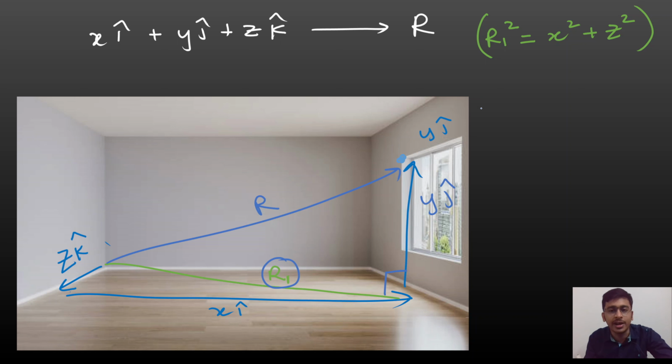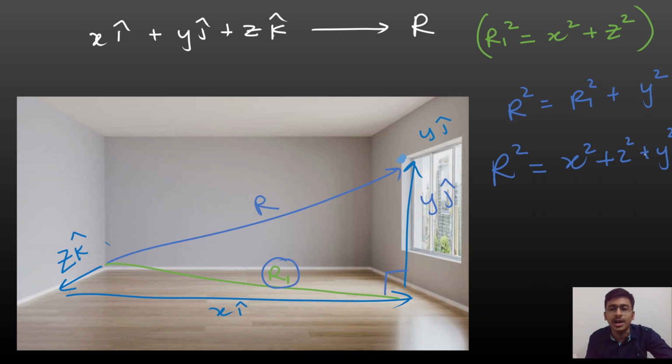So how do we find R? We use Pythagoras theorem again. R squared is nothing but R1 squared plus y squared. Simply, I can substitute R1 squared as x squared plus z squared, and I get R squared is nothing but x squared plus z squared plus y squared, correct?